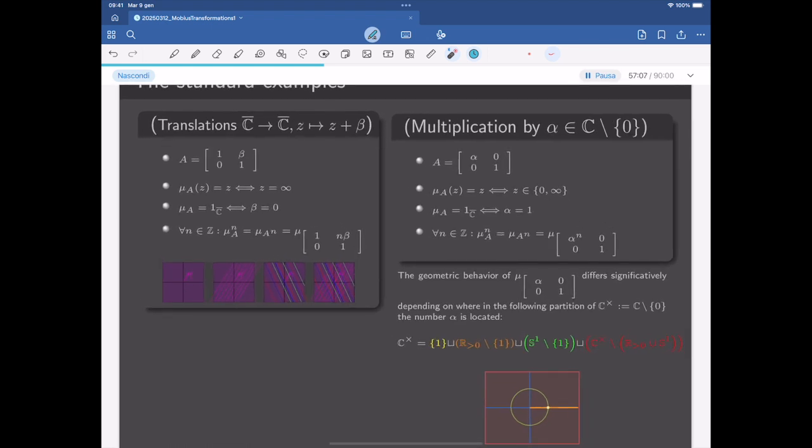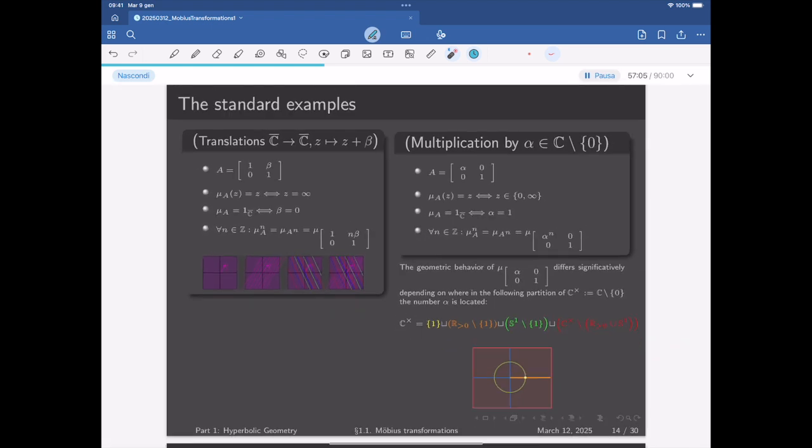And this transformation is easily seen to be the Möbius transformation associated to this matrix. This is really easy, because zeta plus beta is equal to one times zeta plus beta divided by zero times zeta plus one, obviously. So this is a Möbius transformation, and I notice that it has exactly one fixed point, namely infinity.